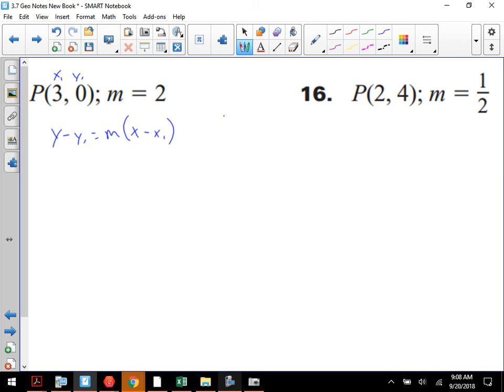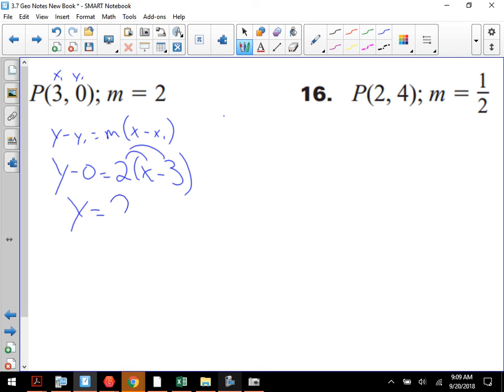When you're doing this type again, write out point-slope form. It'll help commit it to memory. What's y minus 0 going to be?